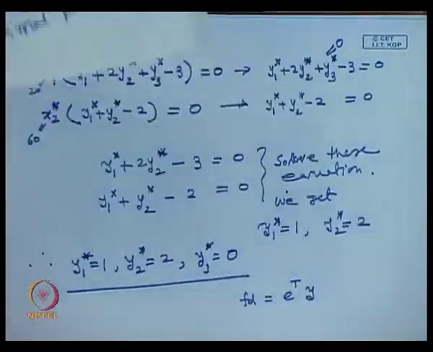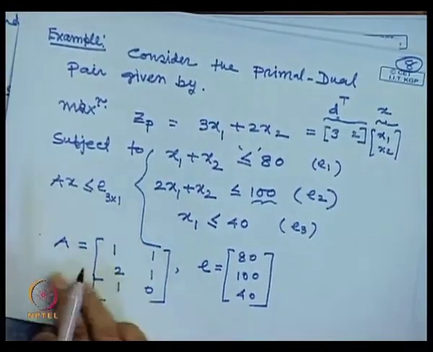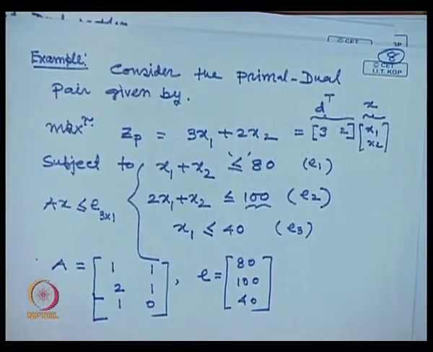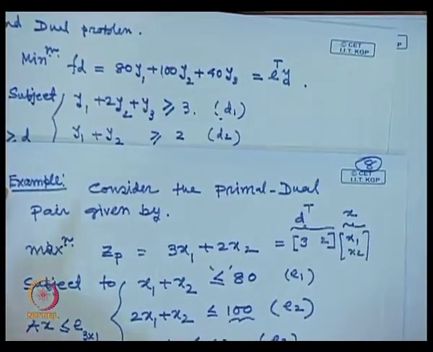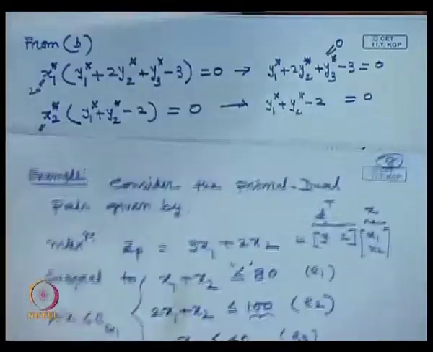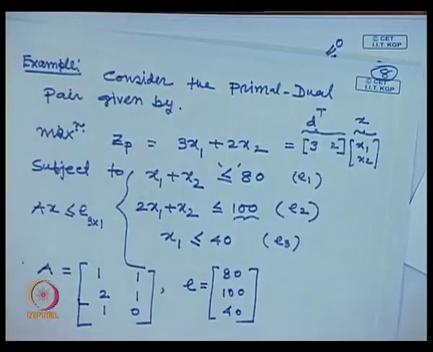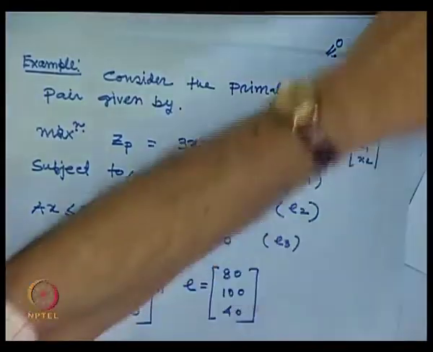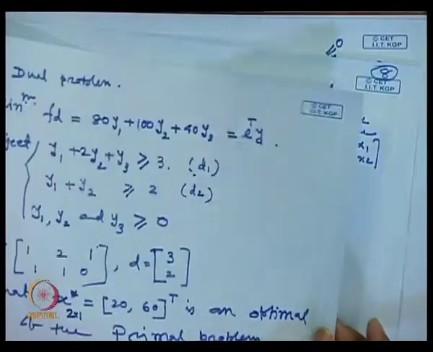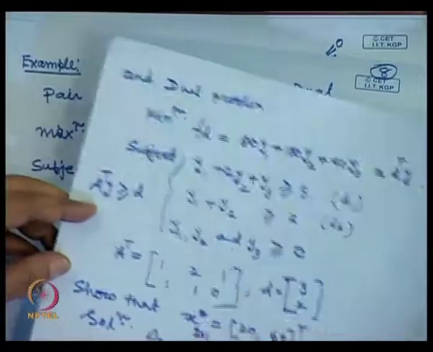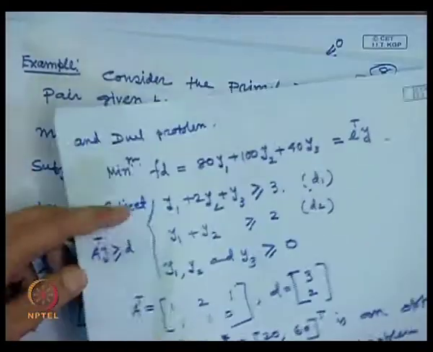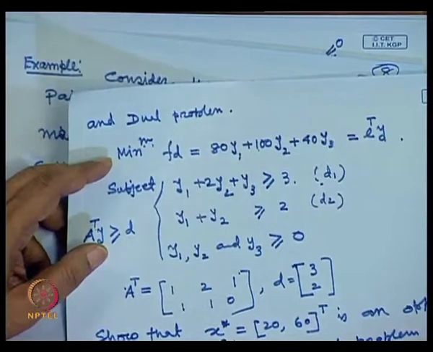Similarly, in the primal problem, our solution, as we have just shown, is 20 and 60. This is our primal problem.